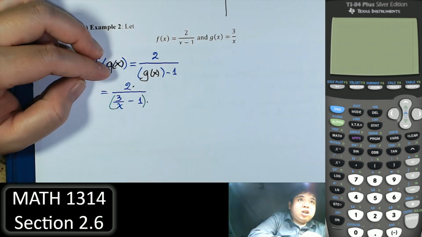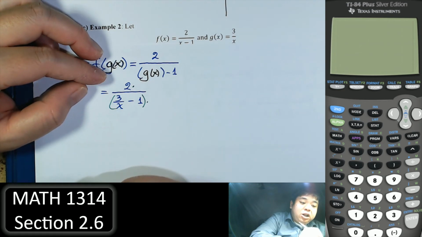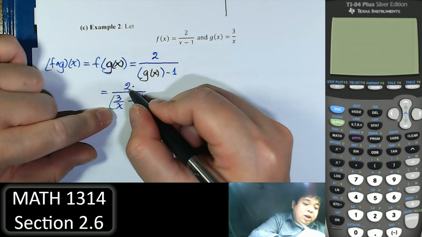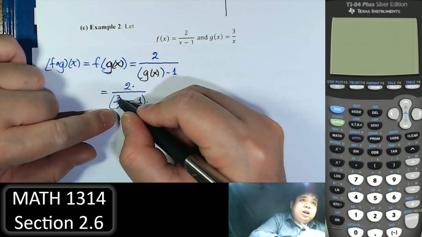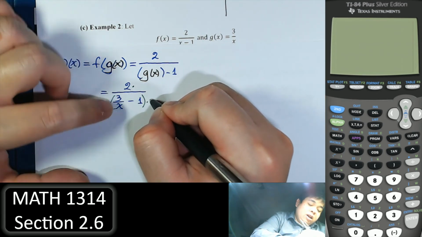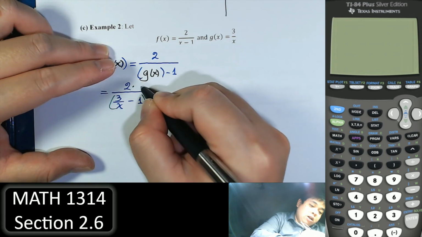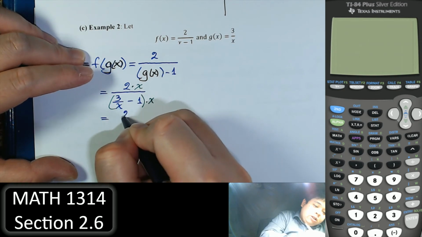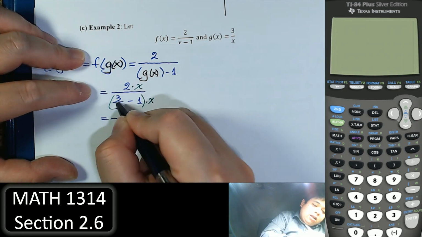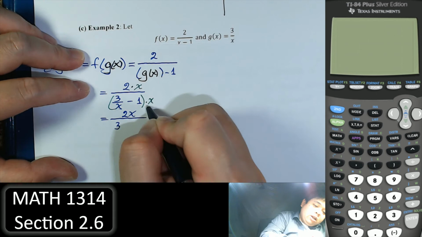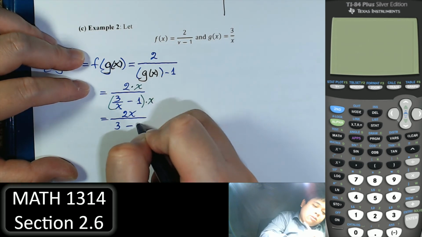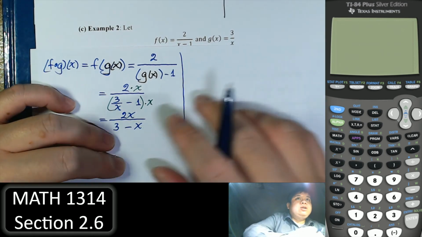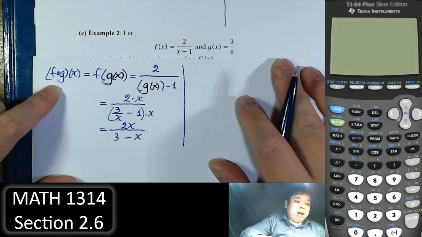If we multiply top and bottom by the least common denominator, x, because of the 2, the 1, and 3 over x, only the x is at the denominator, so I multiply top and bottom by x. With that we have 2x, and x times 3 over x cancel out, we just have 3, and 1 times x, minus x. So that is the combination of f and g.